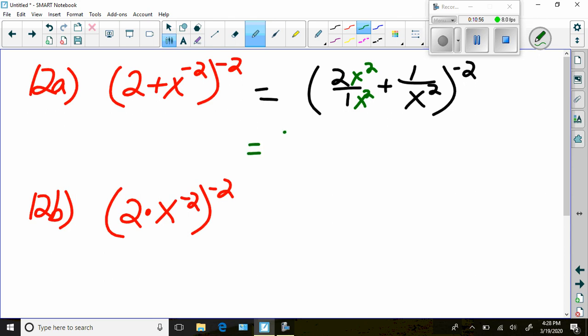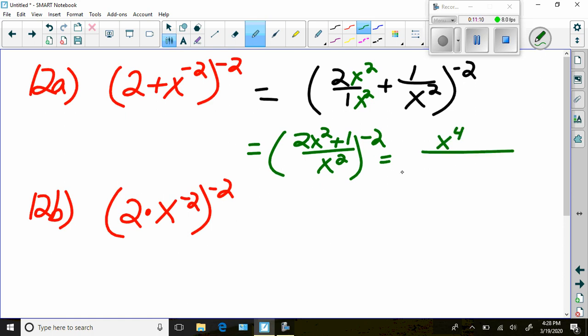So then that's going to be 2x squared plus 1 over x squared to the negative 2. So I'm going to flip it and square it. So the top is going to be x to the 4th, and the bottom I'm going to have to FOIL. So it's 4x to the 4th plus 4x squared plus 1.